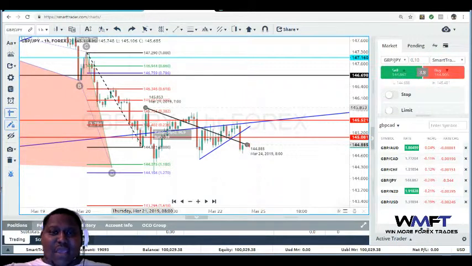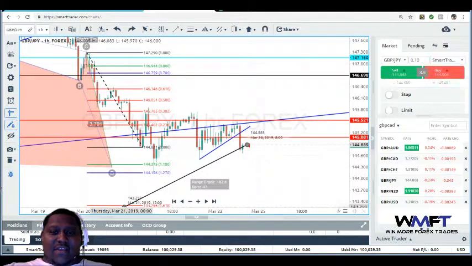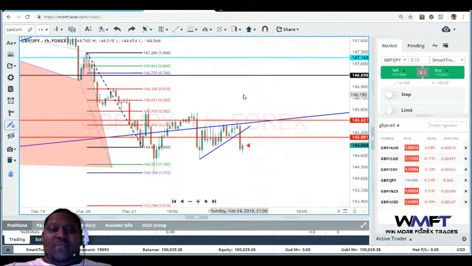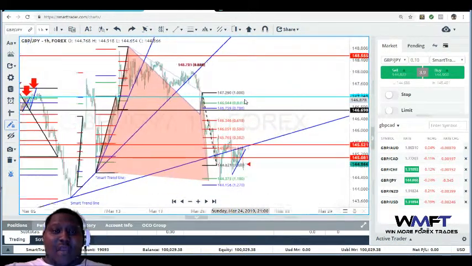That'll be about 100 pips risking to get 160 pips. So that is the Great British Pound and the Japanese Yen.